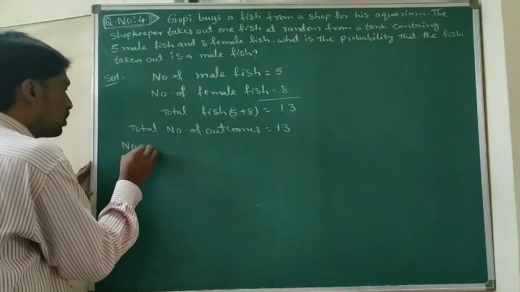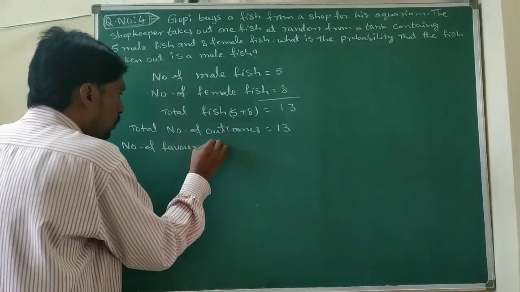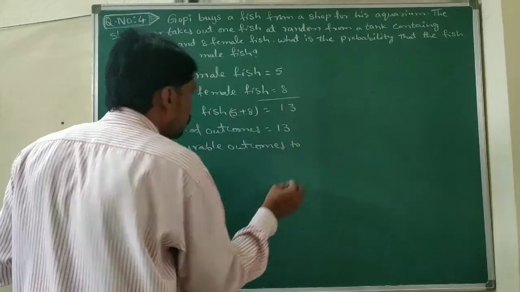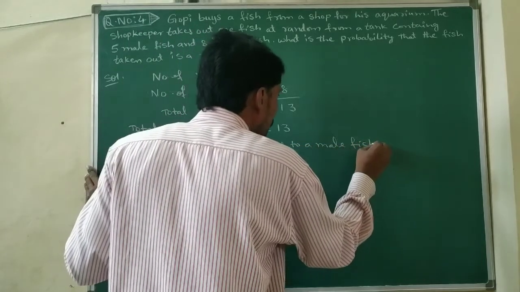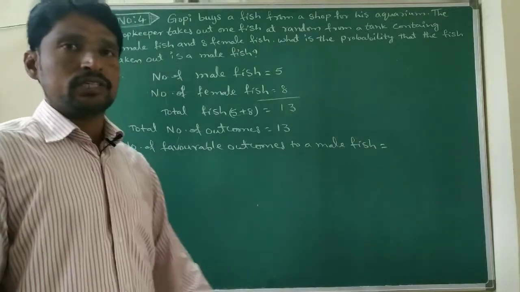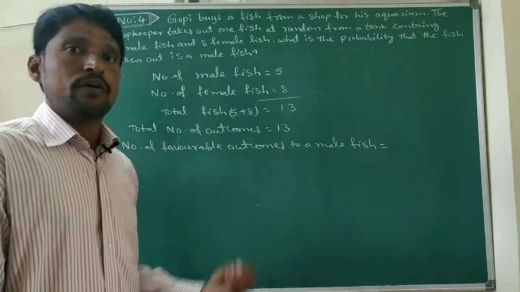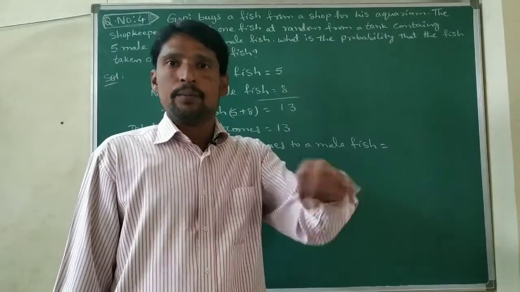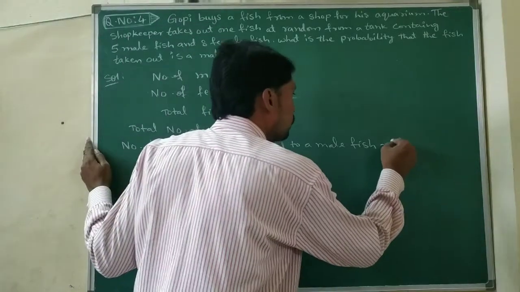Number of favorable outcomes to a male fish equal, here how many male fishes will be? That is 5 male fishes. So how many favorable outcomes are we getting for male fish? We are getting as many outcomes as there are male fishes. So that is 5.